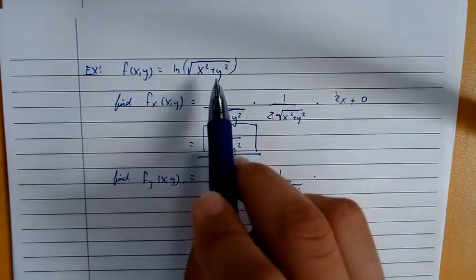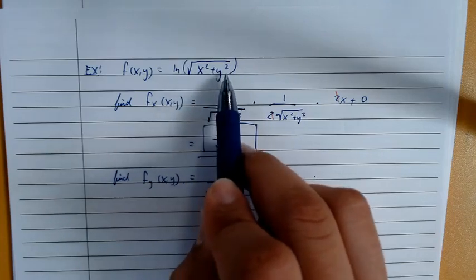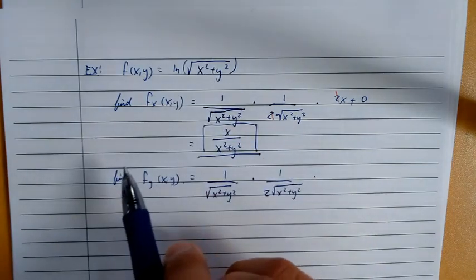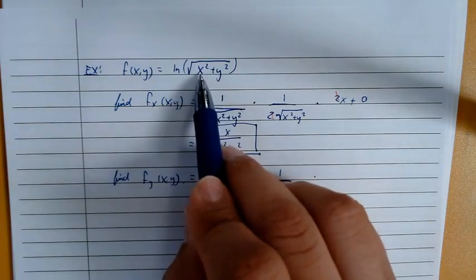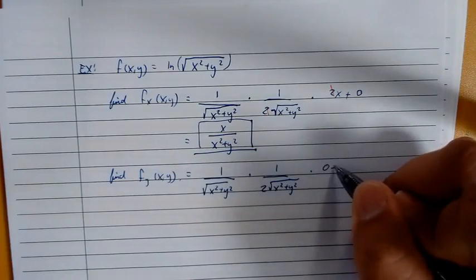Oh, but now I have to use the chain rule again. I take the derivative of this innermost part, x squared plus y squared. What's the derivative of x squared? It's 0. If you're taking a partial with respect to y, x is a constant, which means x squared is a constant. And the derivative of a constant would be 0.